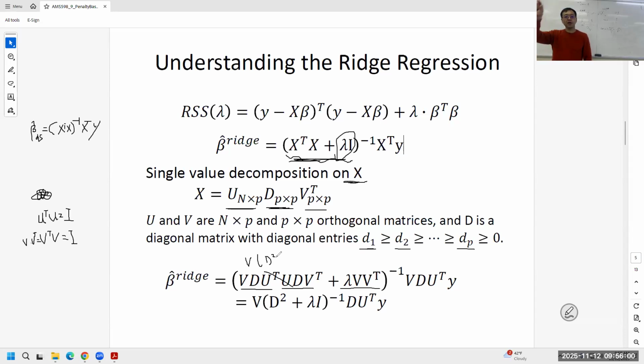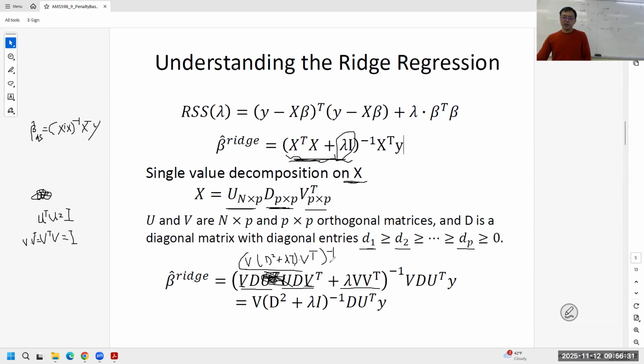D squared just means for each diagonal element, we take the square of it, plus lambda I, times V transpose. Once this is gone, both terms have a V up front and a V transpose at the end, so you merge them. So the first term, we take the inverse of it.